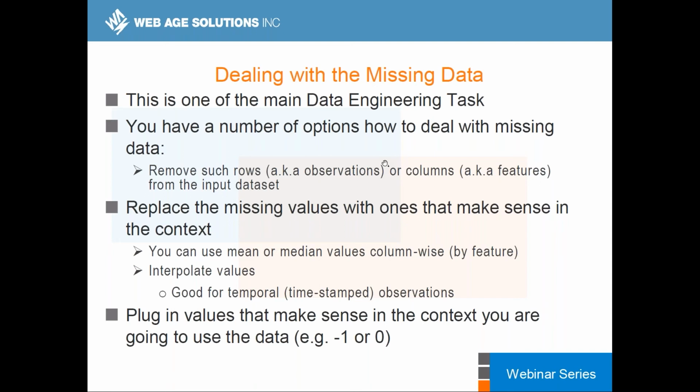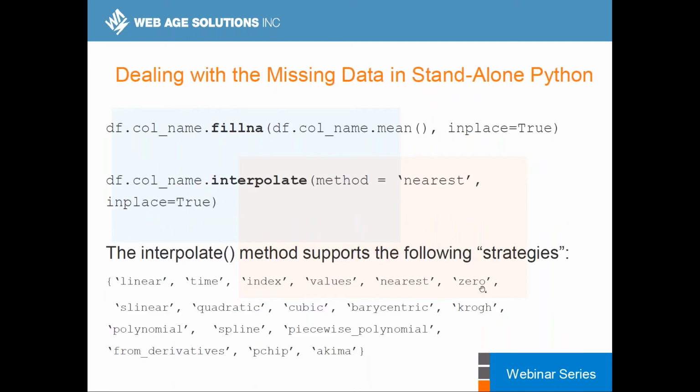Particularly, this is important for temporal or time-stamped observations, where you can provide the missing timestamp by just observing the previous and the following timestamps, so that it will be congruent, it would be consistent, and it would be an intelligent way to do things.